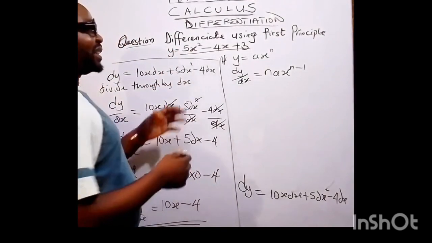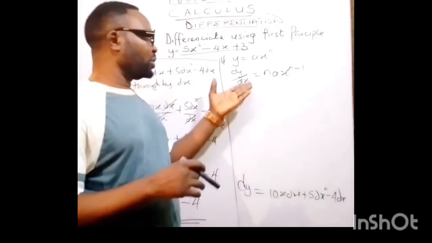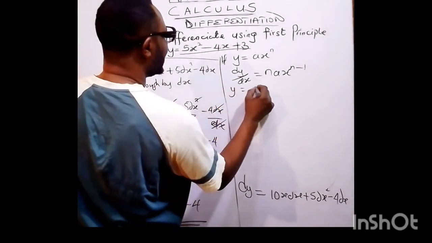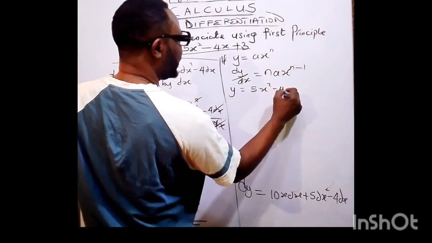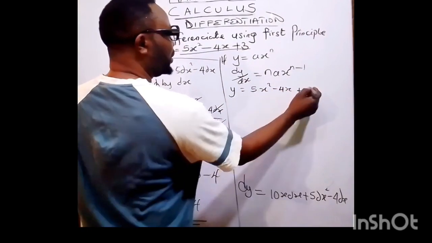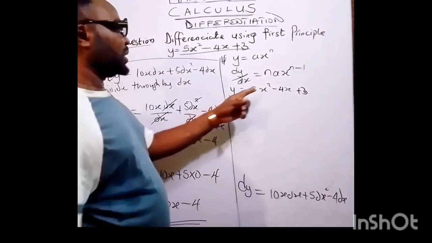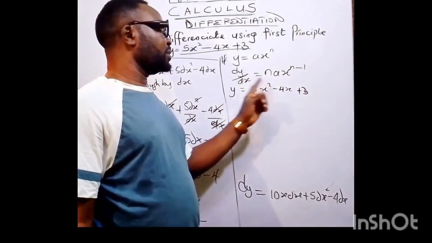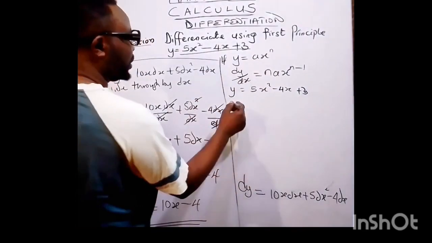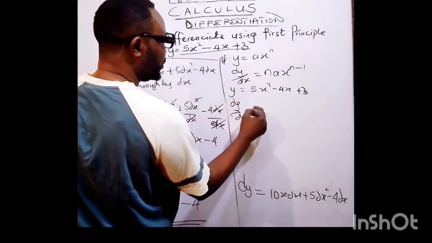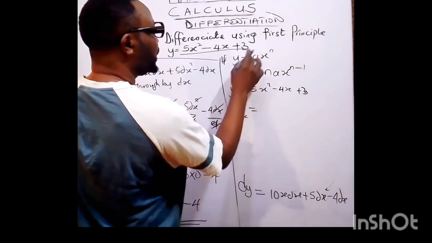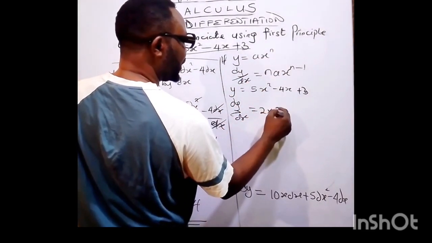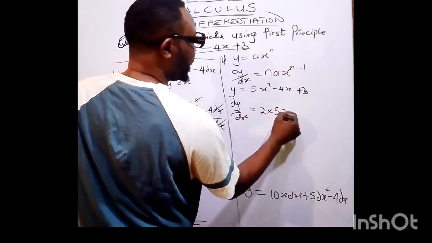Now, at each value of x, we are going to use this method. So we're going to say we have y equals 5x² minus 4x plus 3. If you look at this, you can see that the value of a is 5 and the value of n is 2. So let's follow it accordingly. We're going to have dy/dx equal to 2 times 5. That n is what? 2 times 5, n·a, x raised to what? n minus 1.